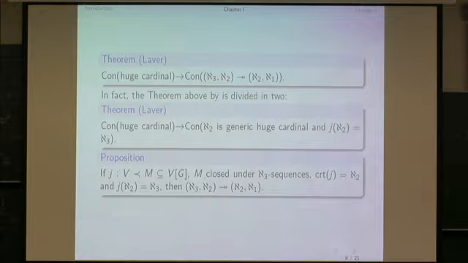Because in fact, here there is Aleph 3, Aleph 2, Aleph 1, but if Aleph 3 is generic huge, we can have Aleph 4, Aleph 3, Aleph 2, and so on. We can have pretty much a lot.